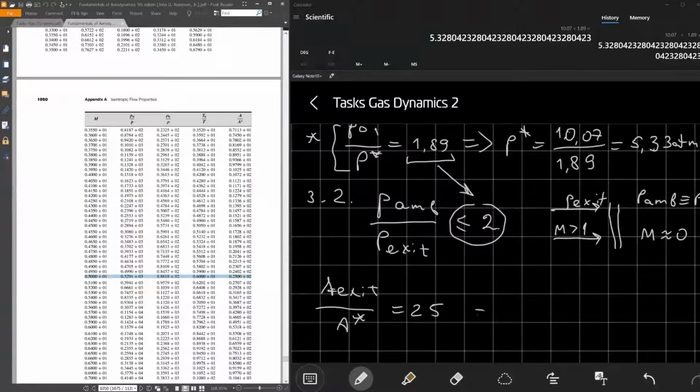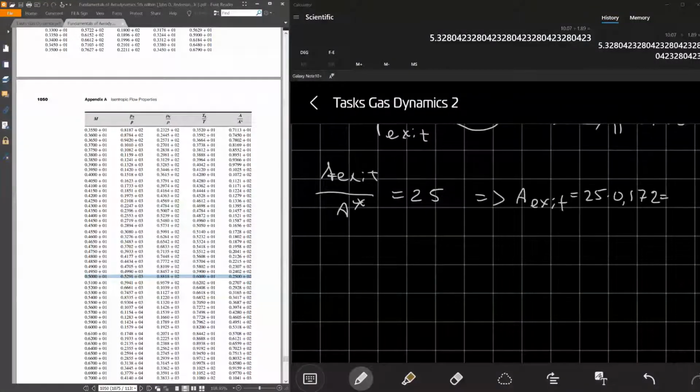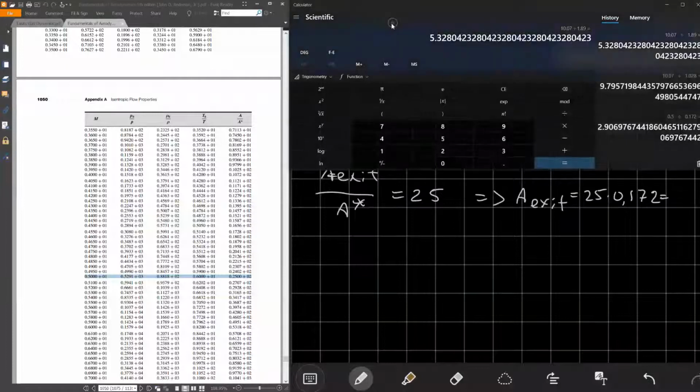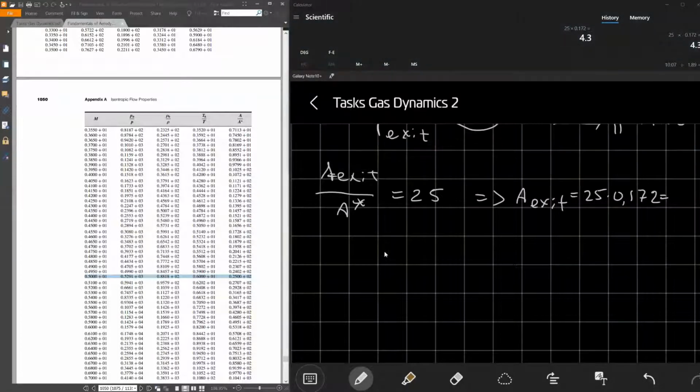So it means that A exit is equal to 25 multiplied by 0.17. How much was that? 2. Let's see how much it is with respect to the inlet area. 4.3. So it's 4.3 times bigger than the inlet area. Nozzles working in vacuum conditions, for example, have a much bigger exit area than the inlet area of the chamber.